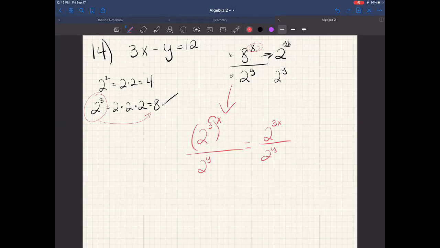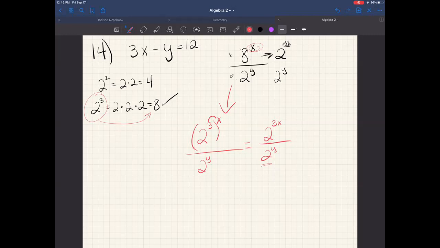I don't know how much you guys remember. I'm sure we're going to go through all the properties of exponents again, when you're multiplying exponents, and when you're dividing exponents. So when you are dividing exponents and they have the same base, it's the same as subtracting.